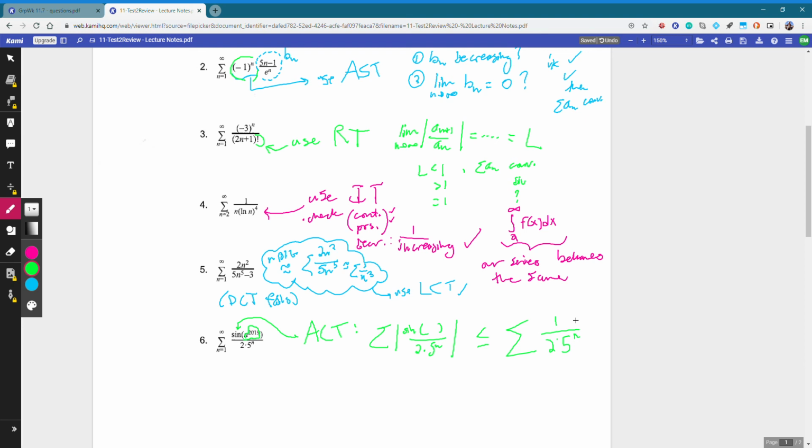And the idea is, if this thing converges, then our smaller series converges by our direct comparison test. And then if it's true that our series for the absolute values of this stuff converges, well then by the absolute convergence test, our original series converges.